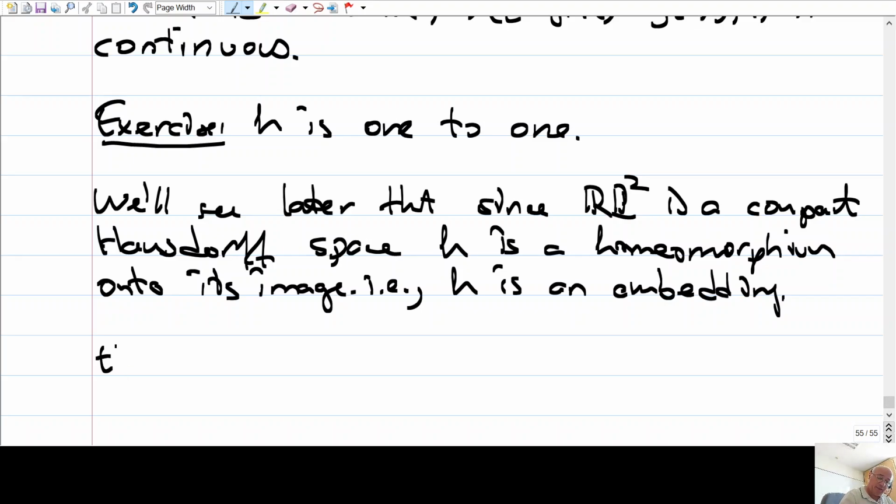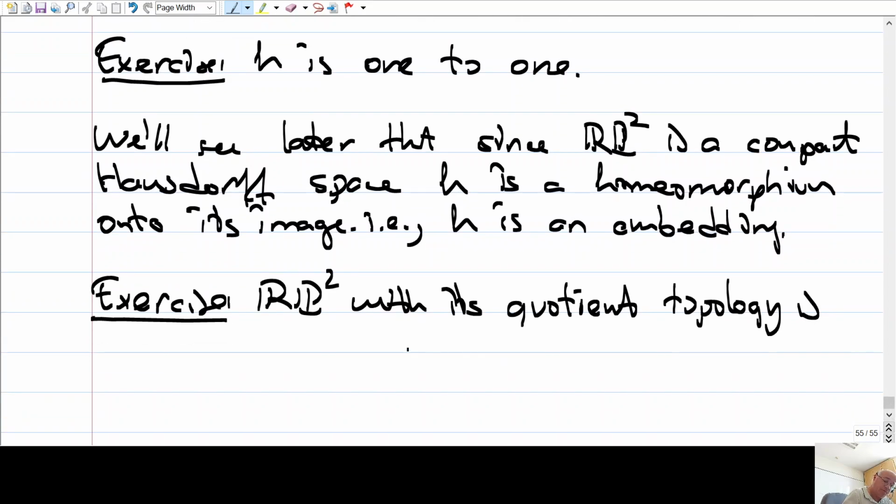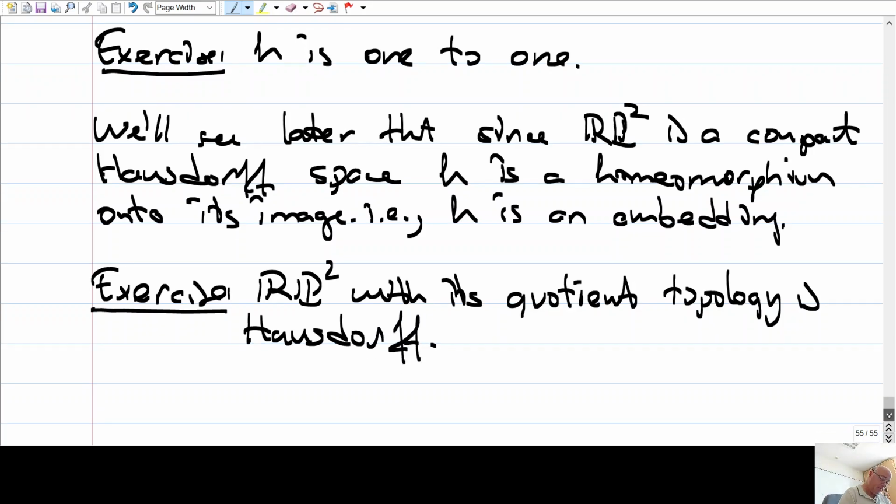But as another exercise, you may show this. RP2 with its quotient topology is Hausdorff. Okay, it's actually very simple.